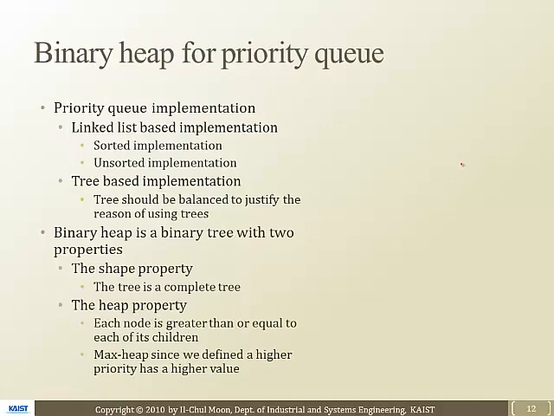So priority queue implementation, it works like this. The first way to implement a priority queue is the linked list-based implementation that we already discussed in the first part of this week. Sorted implementation expands the enqueue operations, right? And the unsorted implementation expands the DQ operations.